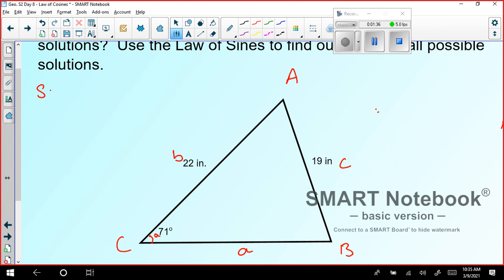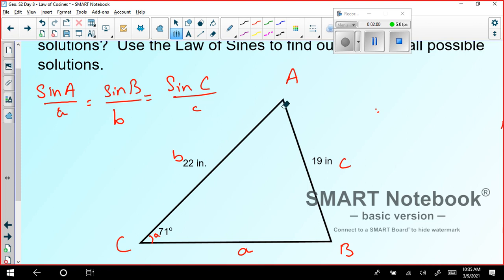Let me write here sine A over a equals sine B over b equals sine C over c, right? So just substitute whatever you have.